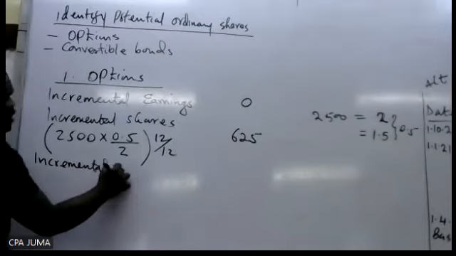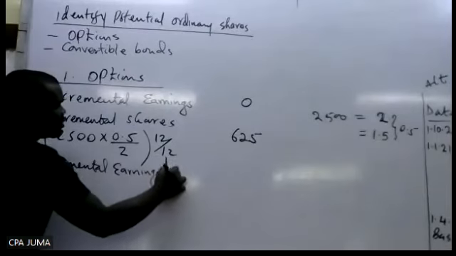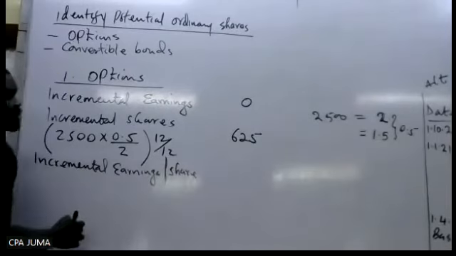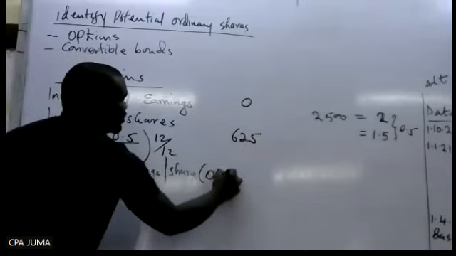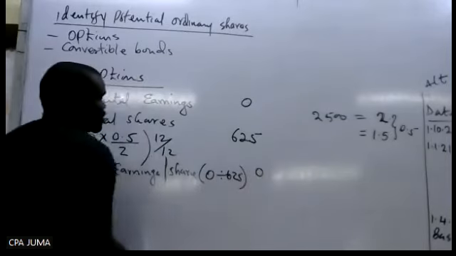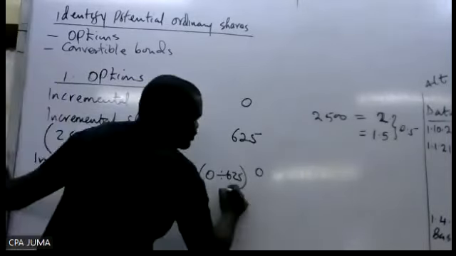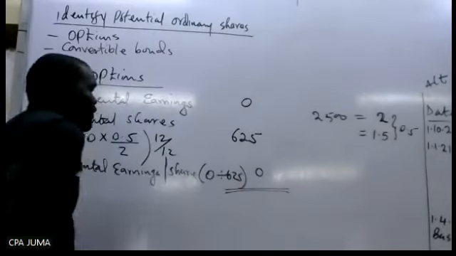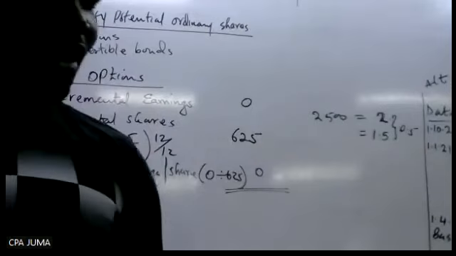Then you compute incremental earnings per share. Incremental earnings per share will be this divided by this. So it will be 0 divided by 625, giving you what? But in reality it comes out as infinity, 0 divided by a figure equal to 0.